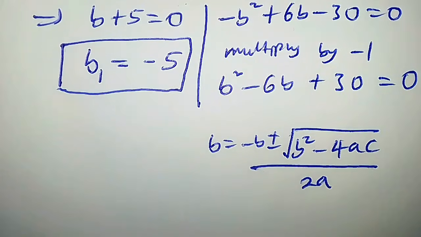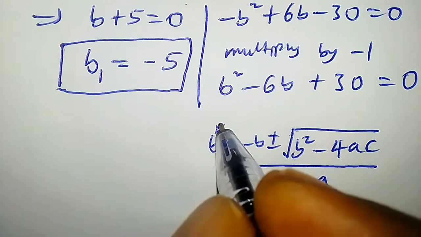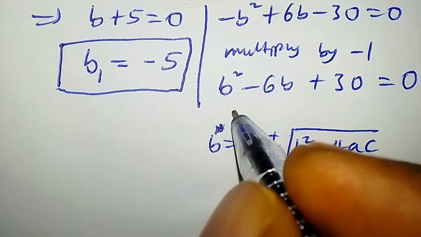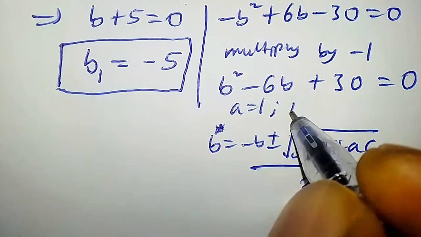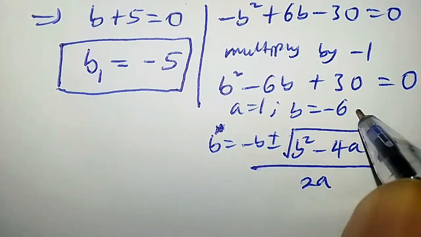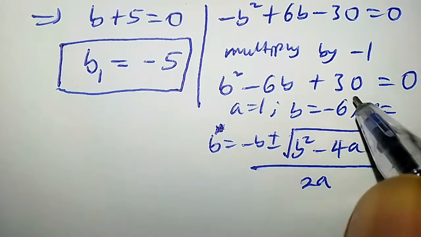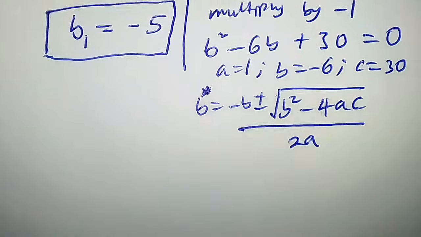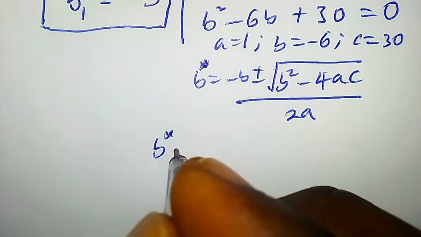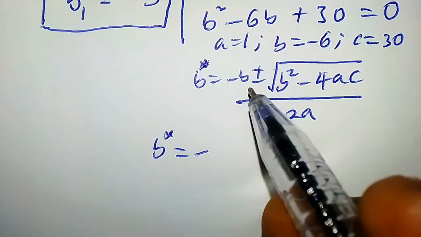But to avoid confusion, let's call this b star. So from this equation, a is equal to 1, b is equal to minus 6, and c is equal to 30.